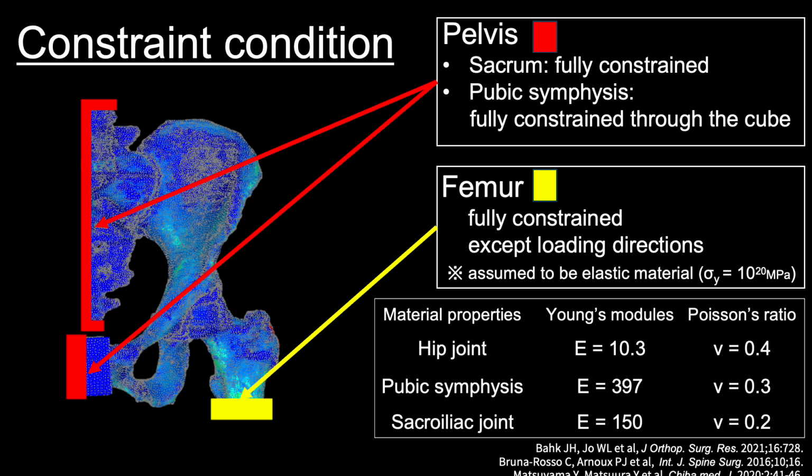On the software, we set the pelvic ring to be fully constrained in the center and the distal femur to be fully constrained except in the loading direction. We defined the femur as an elastic material. Material properties were set based on previous studies.